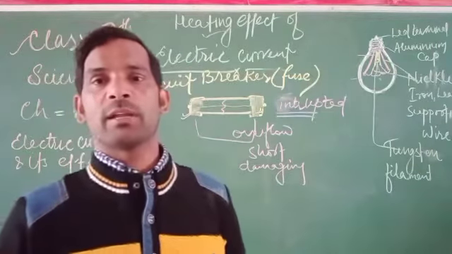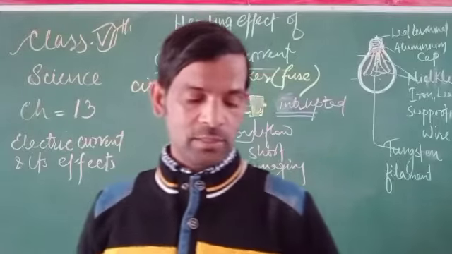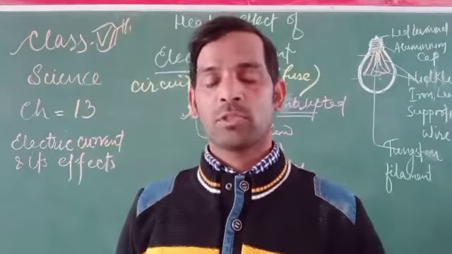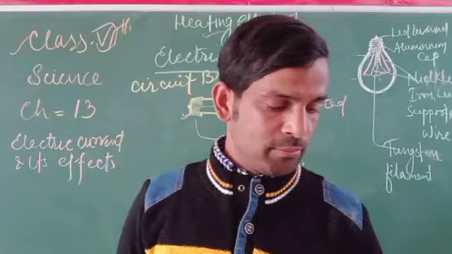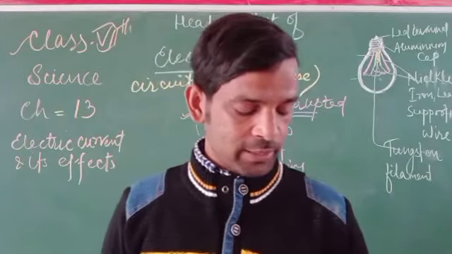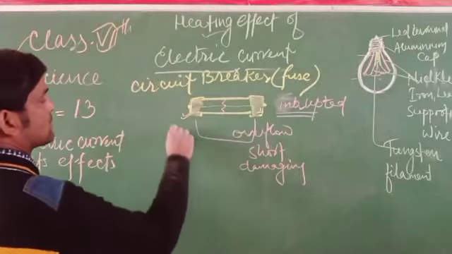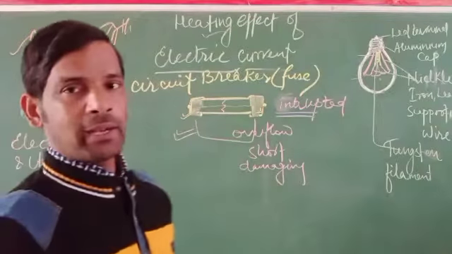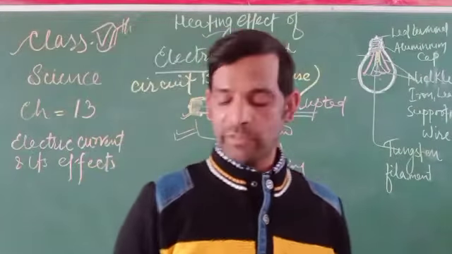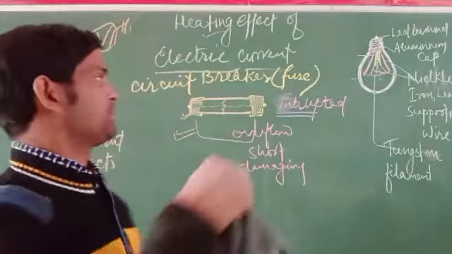When these fuses are put together in a mini form, they are called a miniature circuit breaker. So these are all the impact of the heating effect of an electric current.